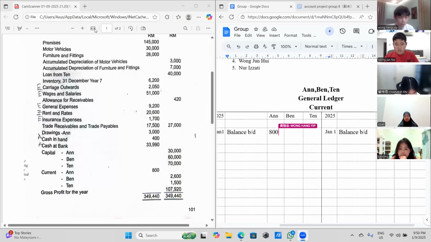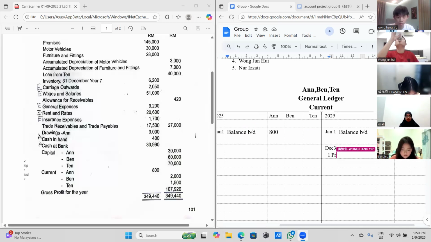Also, then according to the profit or loss, we have the interest on loan from Ten, so we should give the interest to Ten, and it should be profit and loss, and is interest on loan.